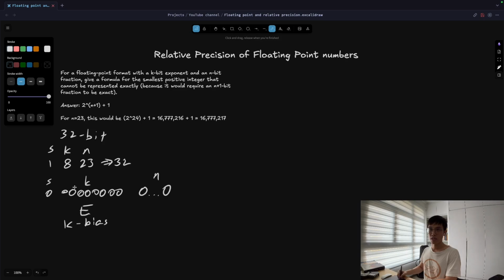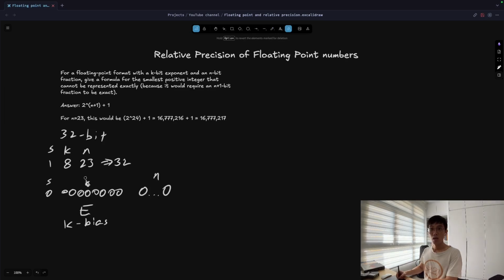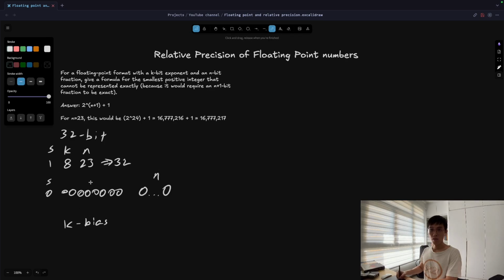Well, in this case, the exponent is actually k here, so I'm going to change this to E and this to K, just to match the question a little bit better. And there is an M value here called the mantissa, which is 1 plus the fraction.